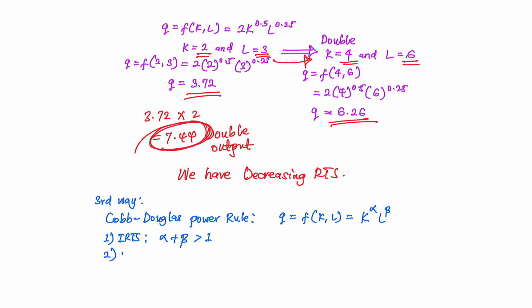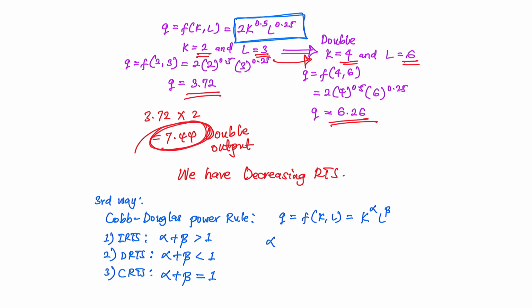If it is decreasing returns to scale, alpha plus beta will be less than 1. And if we have constant returns to scale, alpha plus beta will be equal to 1. So let's go to the production function that we have here. Here we can say that alpha, which is the power of capital, is 0.5, and beta, which is the power of labor, is 0.25.